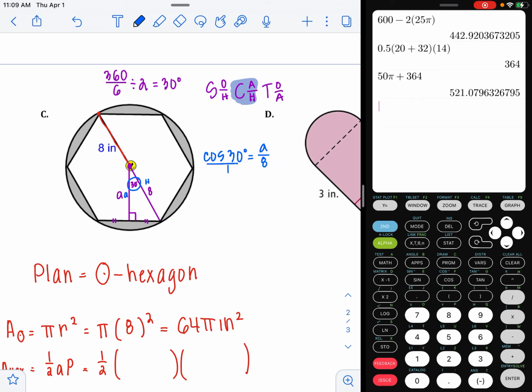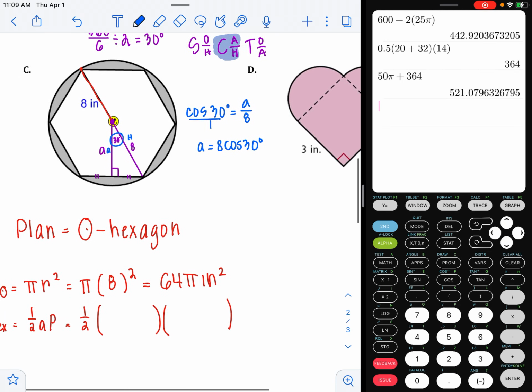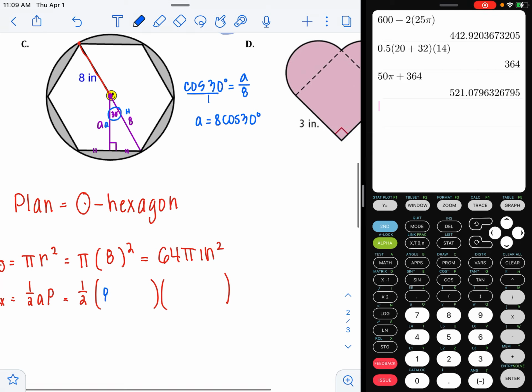Cross multiply to solve for A. 1 times A is A. And then I have 8 times cosine of 30 degrees. Remember, don't put it in your calculator yet. You don't need it yet. I'm just plugging that in for apothem. So apothem is 8 times the cosine of 30 degrees.